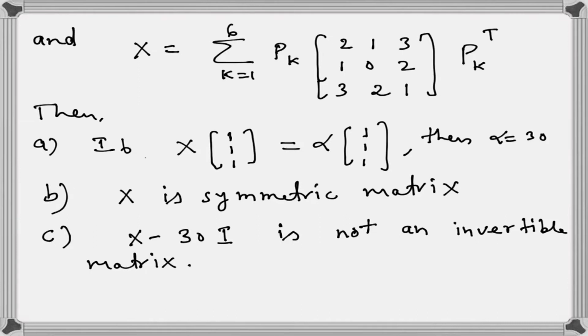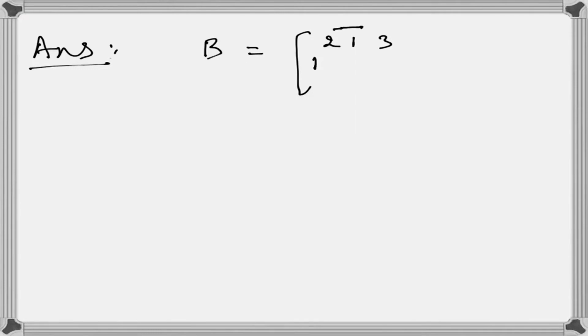Okay, so let's solve this problem. Answer. So we just denote this matrix B, which has first row 2 1 3, then 1 0 2, then 3 2 1.